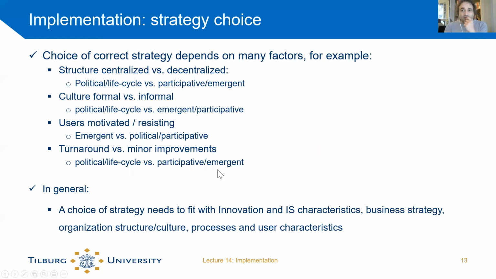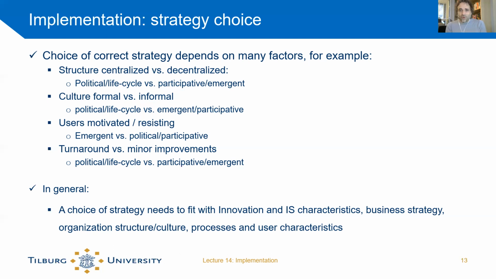Okay, finally, two slides to go. So the choice, I already said this, of course, when discussing the strategies, the strategy that you choose depends not on what you want, but on many factors that are related to the innovation itself, the structure, the culture of the organization, and the people in your organization, etc. For example, if you have a very centralized structure, if your organization is fairly hierarchical, then political or life cycle may work best.